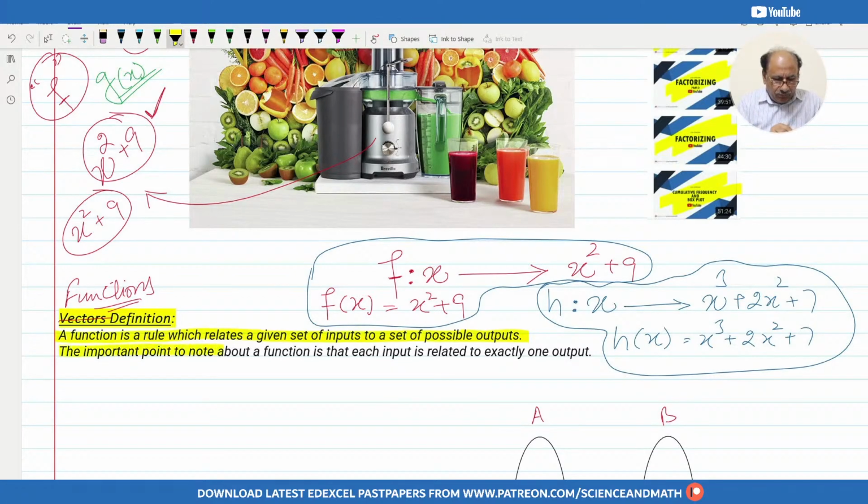The important point to note about a function is that each input is related to exactly one output. So for each input which we are providing, this will give us a specific output.